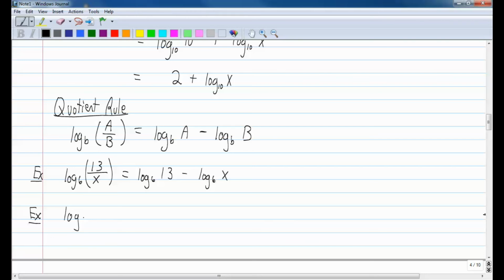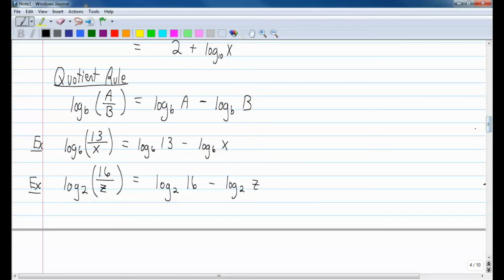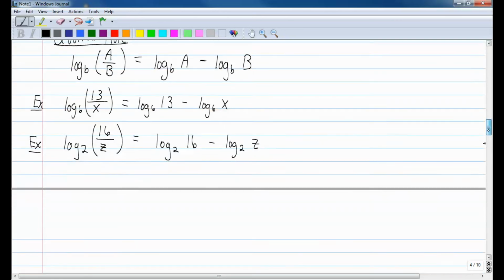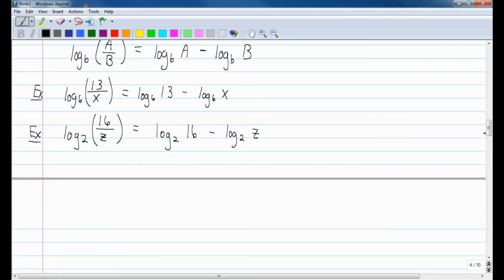Alright. Let's say I had log base 2 of 16 over z. Alright, that would be equal to log base 2 of 16 minus log base 2 of z. Now let's look back at the first logarithm, log base 2 of 16.